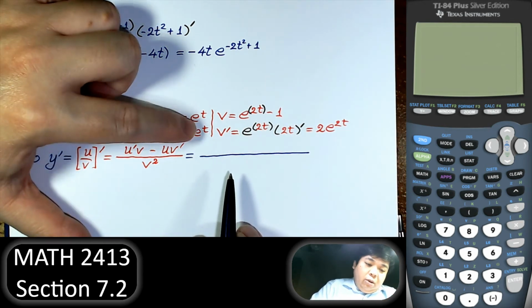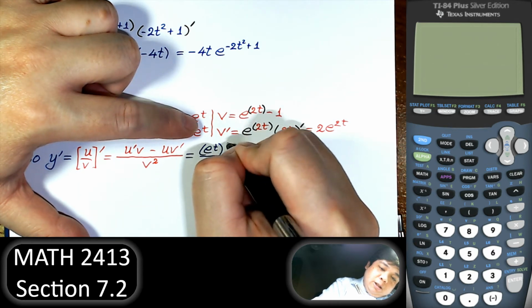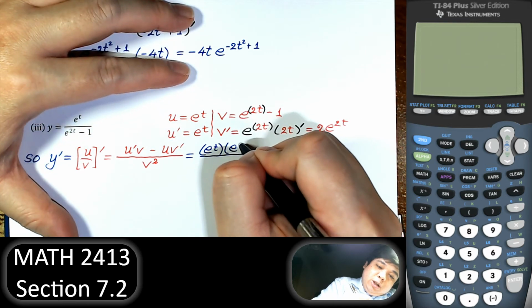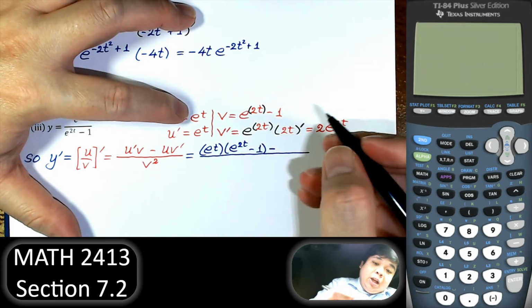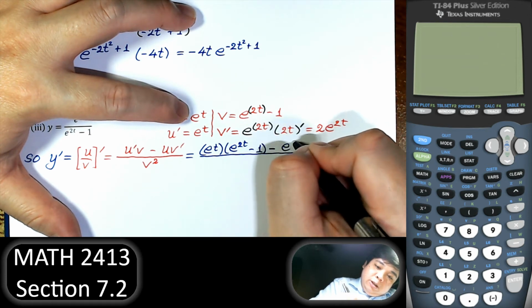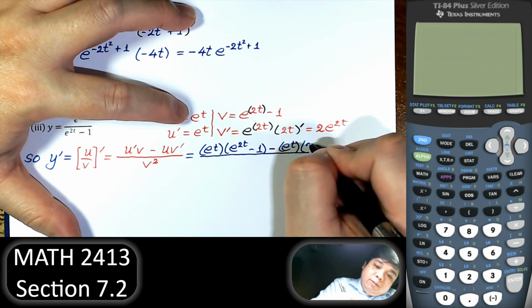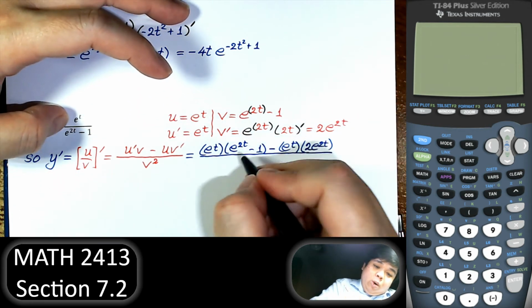So u prime is e to the t, v is e to the 2t minus 1. Subtract u, v prime, over v squared.